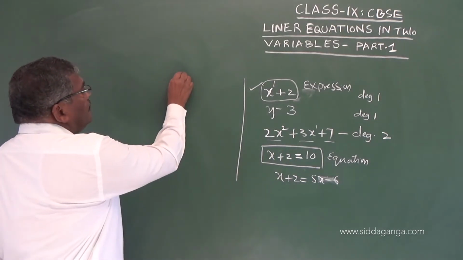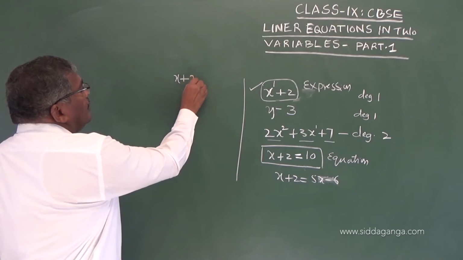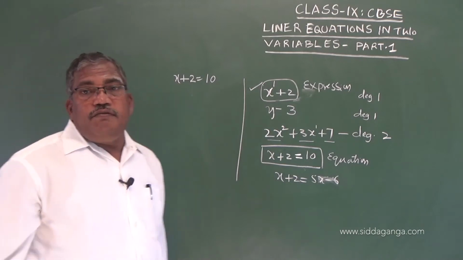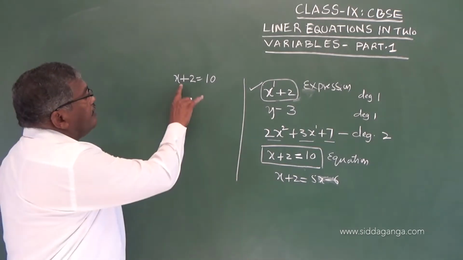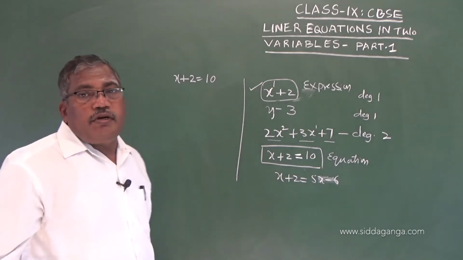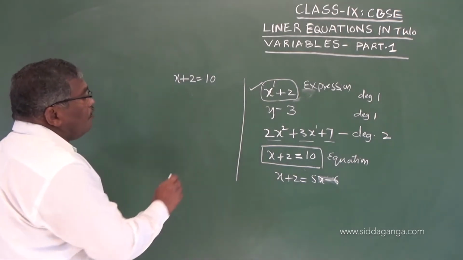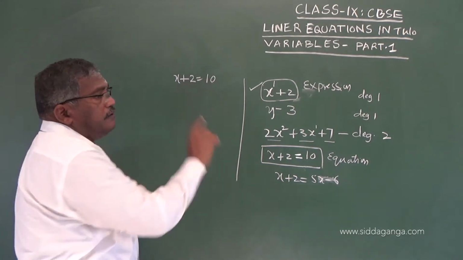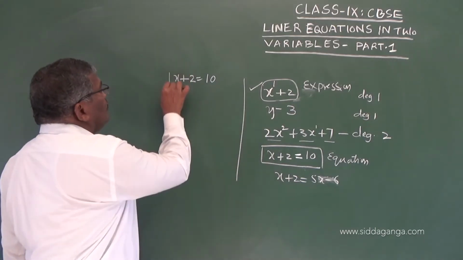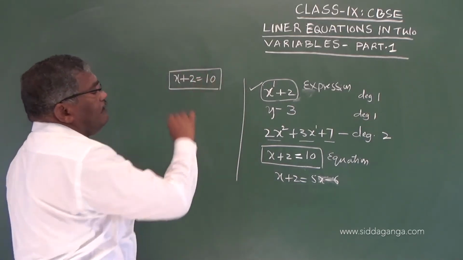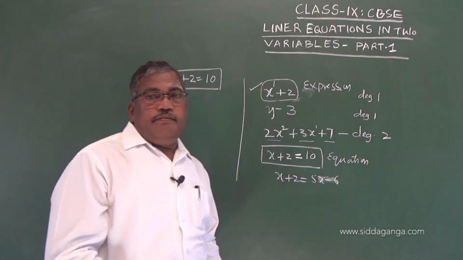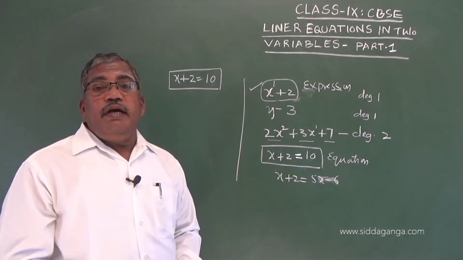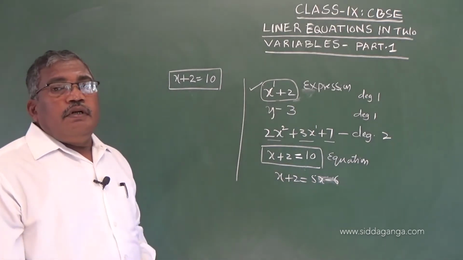The speciality of equations with one variable is that when I write x plus 2 is equal to 10, we can find the value of x by transferring this 2 to the right hand side. How do we do it? In an equation we can add or subtract anything on both sides, and the equality will not be hampered.